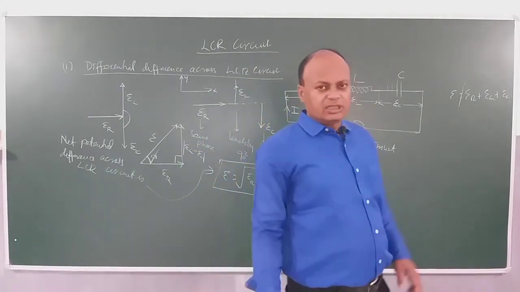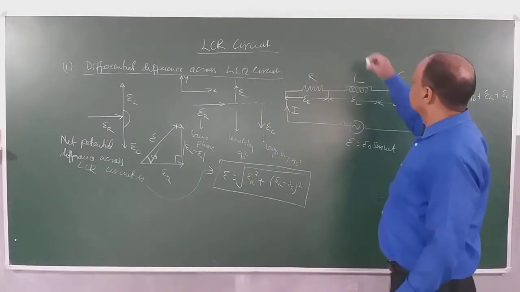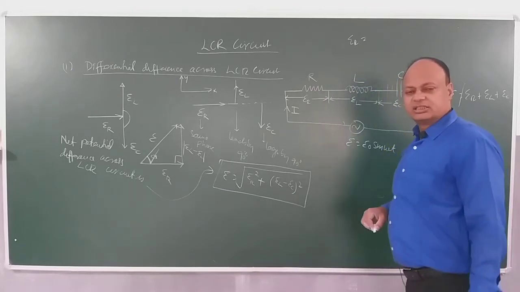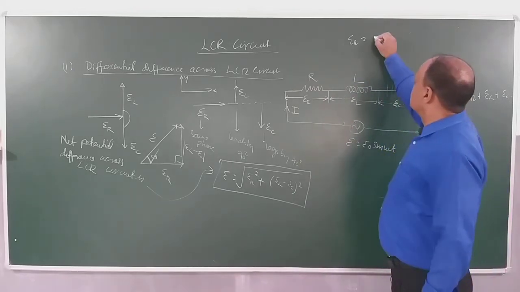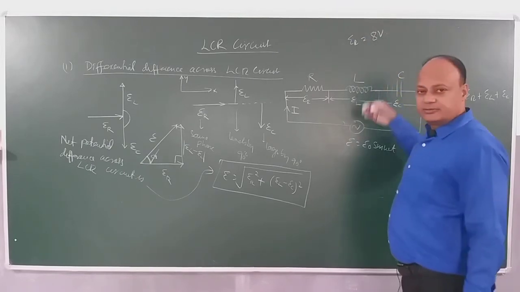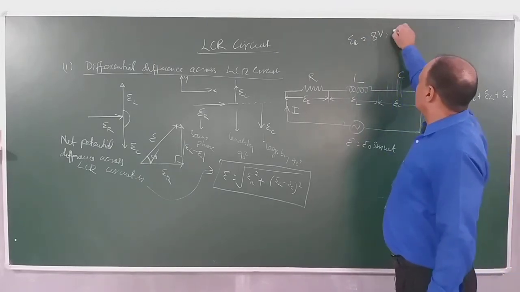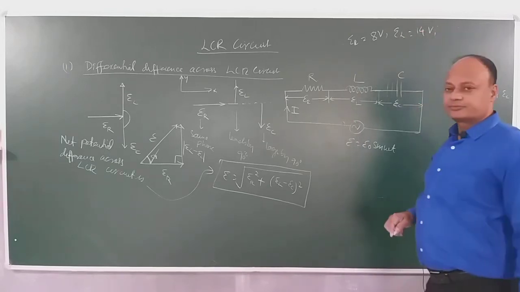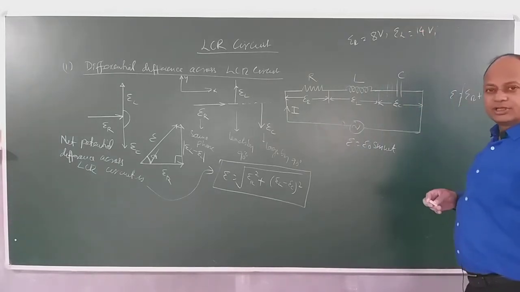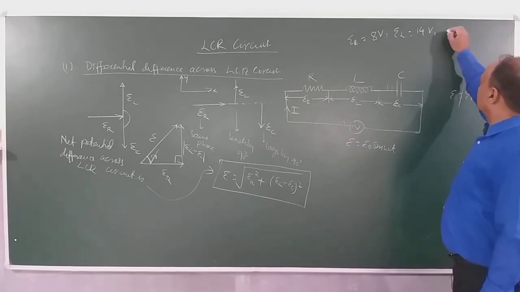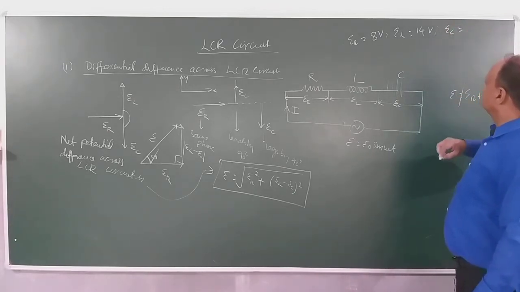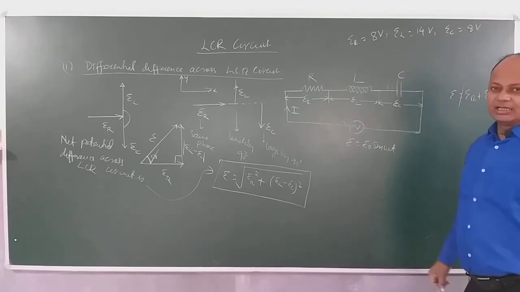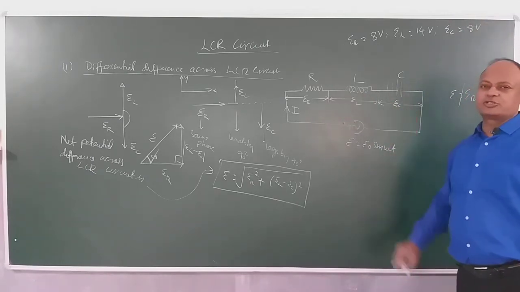Suppose I take the potential difference across the resistance as 8 volts. Across the inductor it is 14 volts, right? And across the capacitor suppose 8 volts. And then they ask you, what is the potential drop across the LCR circuit?